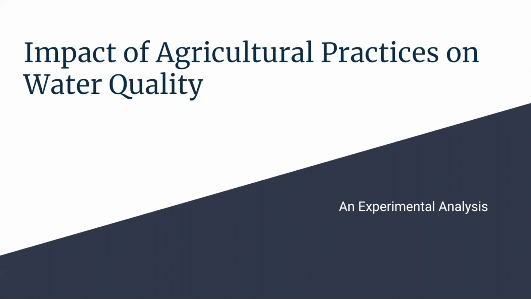In this video, we are going to explain our experiment in gaining further insight on the impact of agricultural practices on water quality and its real-world importance. The experiment offers a compelling glimpse into how advanced laboratory studies can contribute to enhancing water quality, particularly in the context of agricultural practices.